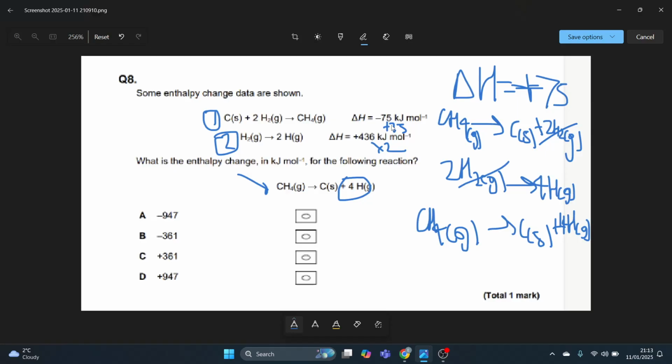So all it should be, yeah, is 75, and I've added equation 1 and 2 plus 436, but because we doubled equation 2 by 2, if you do that, you'll get plus 947.